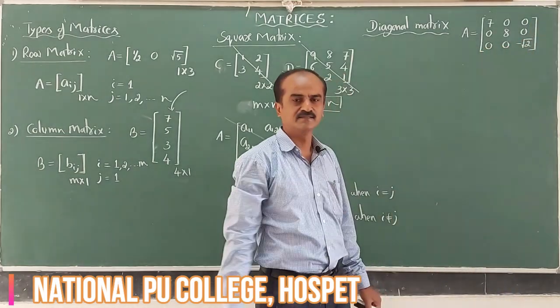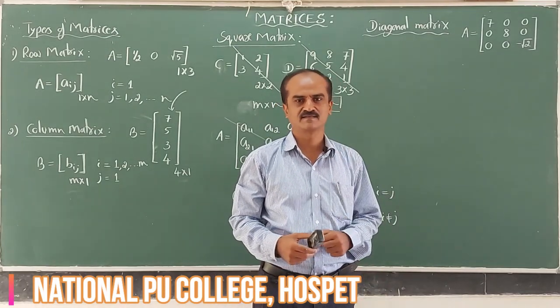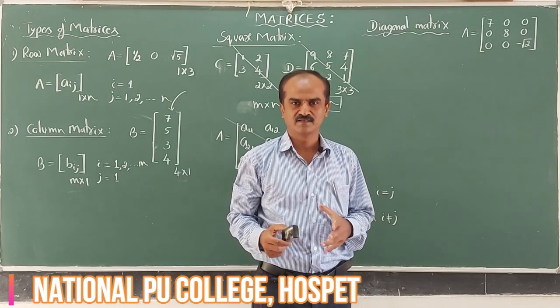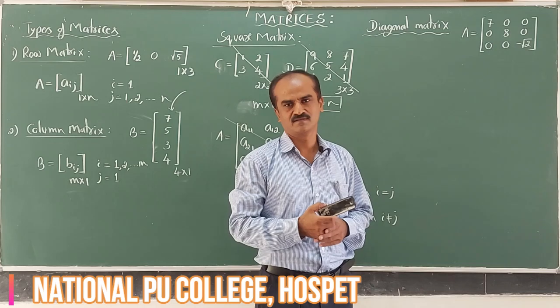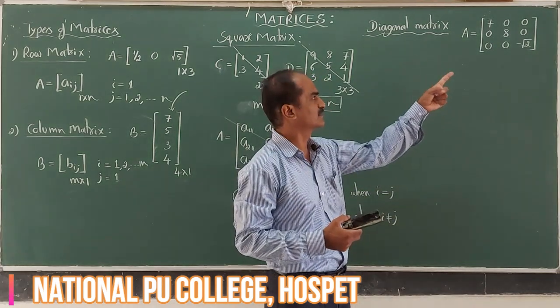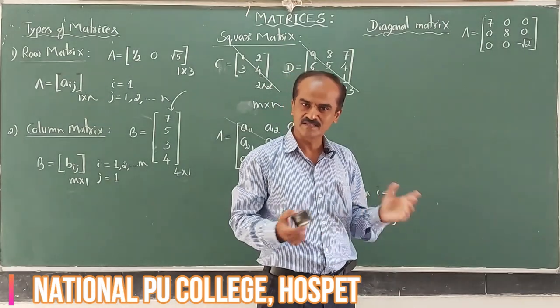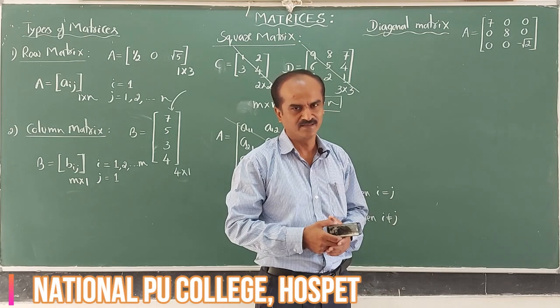I said diagonal matrix is a square matrix in which all non-diagonal elements are zeros. Check, is it happening here or not? Observe the non-diagonal elements. They are all 0. It is a square matrix. So therefore, it is an example of diagonal matrix.